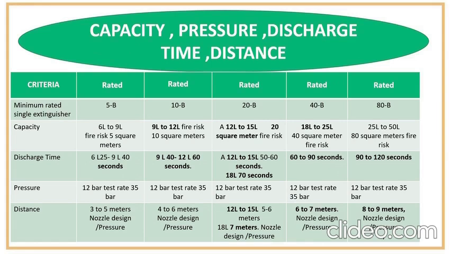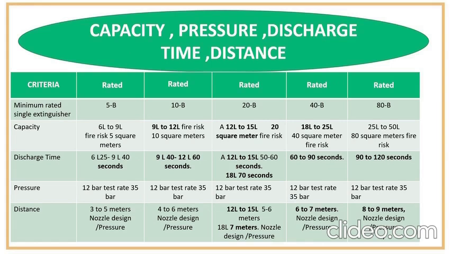The capacity, pressure, discharge time and distance for these B rated fire extinguishers are the same as we discussed earlier for the Class A rated extinguishers, but it will change depending on their capacity.